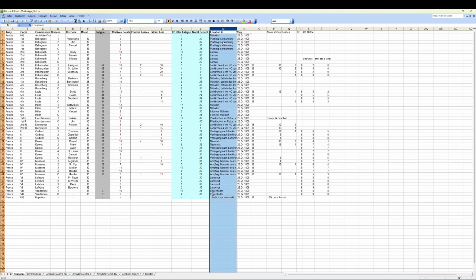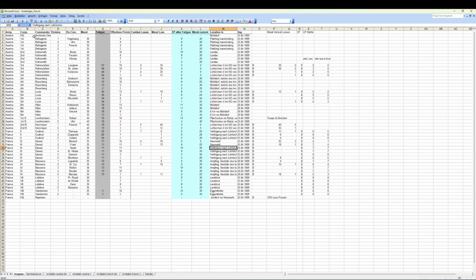Column M shows the location of each unit. Initially, I noted a single point, but as the campaign progressed, the entries became more complex. I entered the movement itself directly on an overlay of the campaign map.